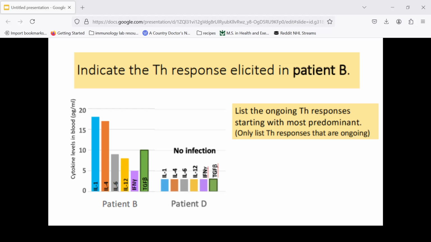If our IL-4 is higher than that lower level, than the line we just drew, then we know that we have a Th2, which is what we have in the theory. Th2, because our IL-4 is higher than both IFN gamma and IL-12. So once we've done that, we've crossed out our first step.